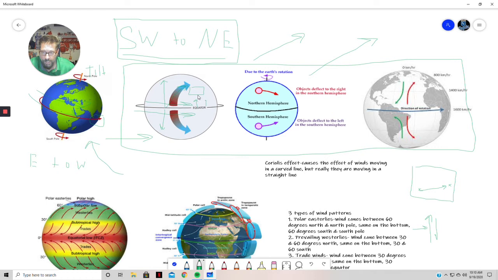But by the time the air gets up to the United States, with the earth spinning, maybe now the United States is here. So the air that was once ahead of us is now behind us because the earth is spinning, but the air is not attached, and so it gives that feeling that it's moving in a slanted southwest to northeast direction.